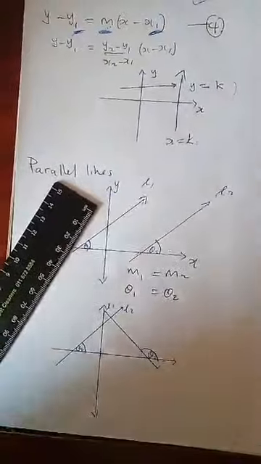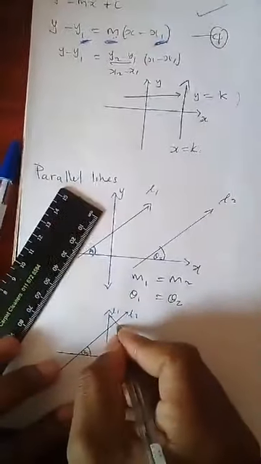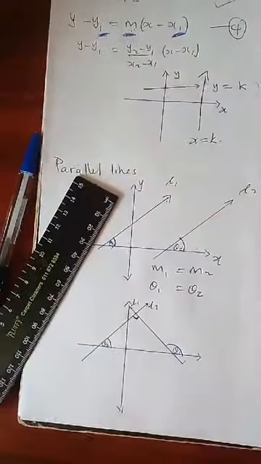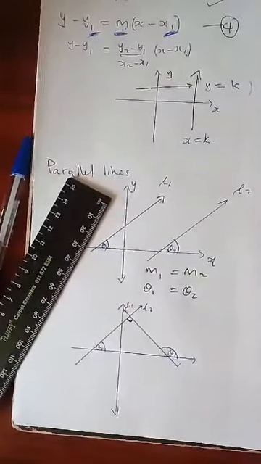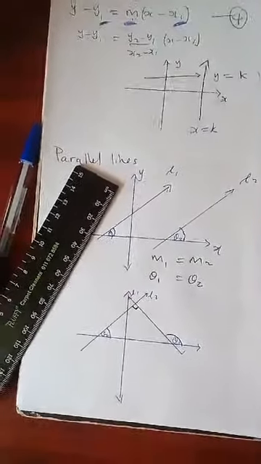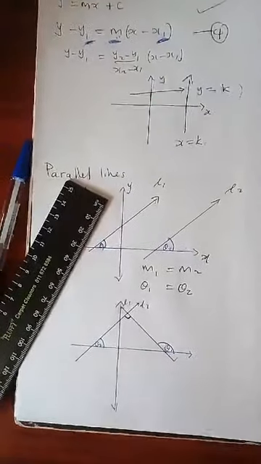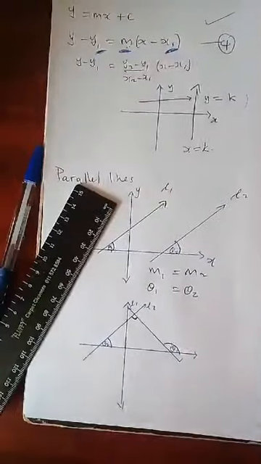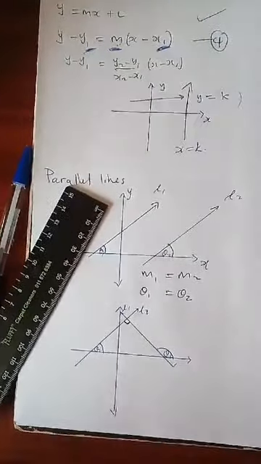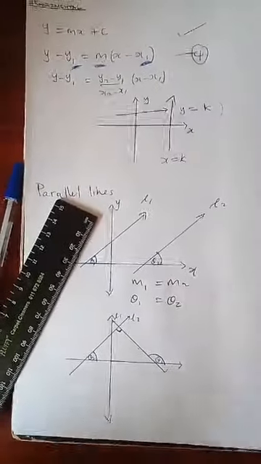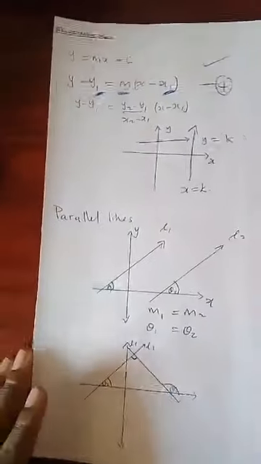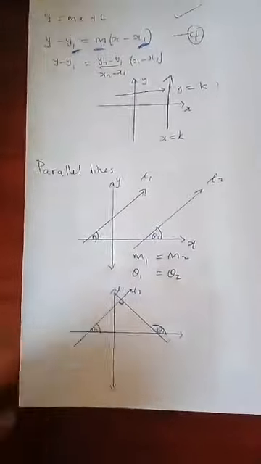So we are told these are perpendicular, and it means that the angle they form is 90. And what does this mean? Geometrically or mathematically, it means if two lines are perpendicular, when you multiply the product of their gradients, it should give you -1.